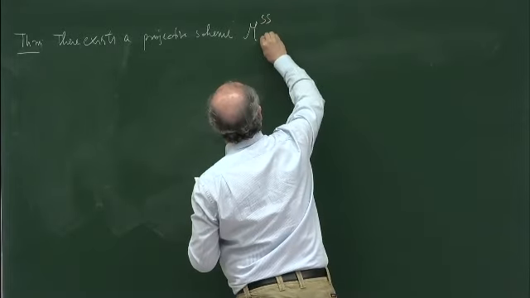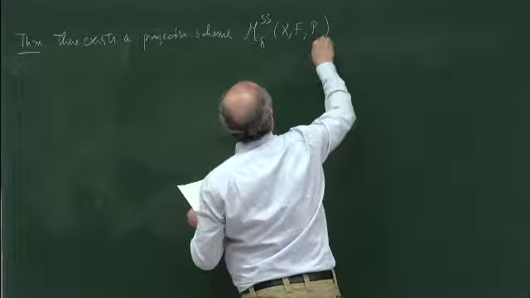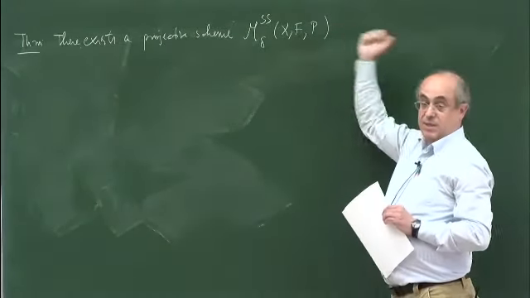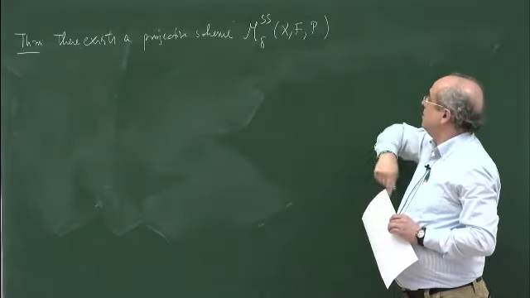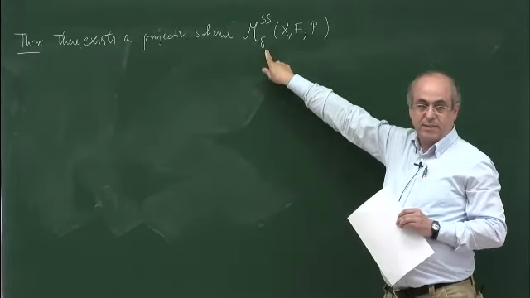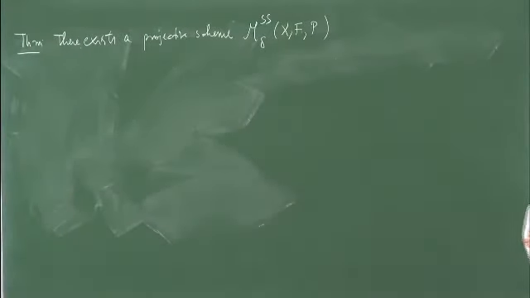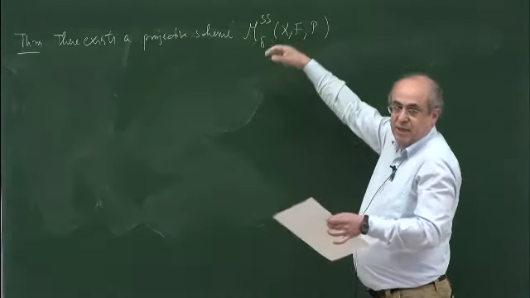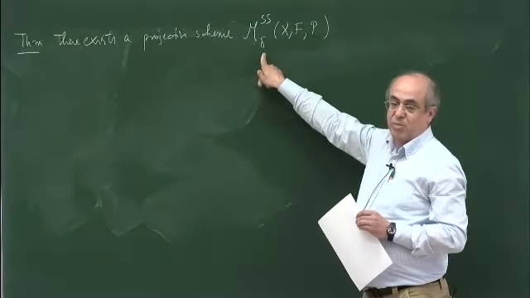Well, if you really want to keep track of everything, you should write something like this, okay? Where F is the framing sheaf I fixed from the beginning, P is some polynomial I fix, and also I fix the polynomial delta, and then this scheme will parameterize the moduli functor of the semi-stable pairs, of semi-stable sheaves with Hilbert polynomial P framed by F and semi-stable with respect to the polynomial delta.